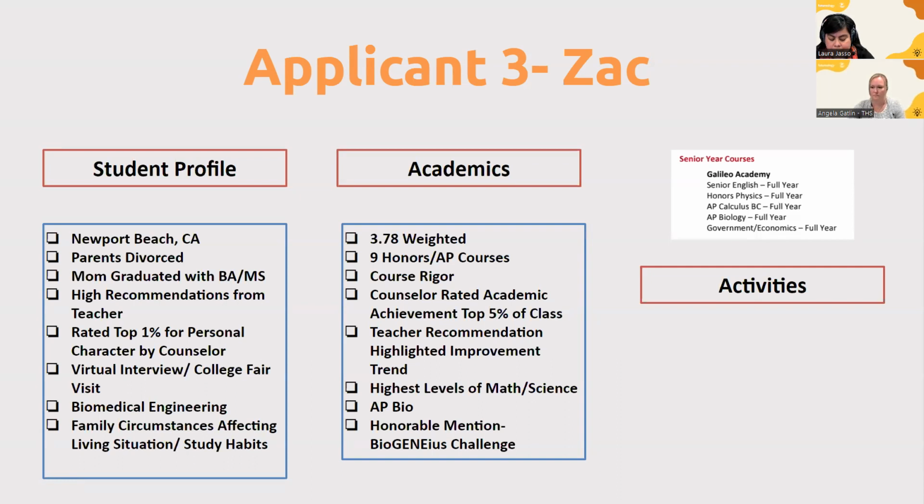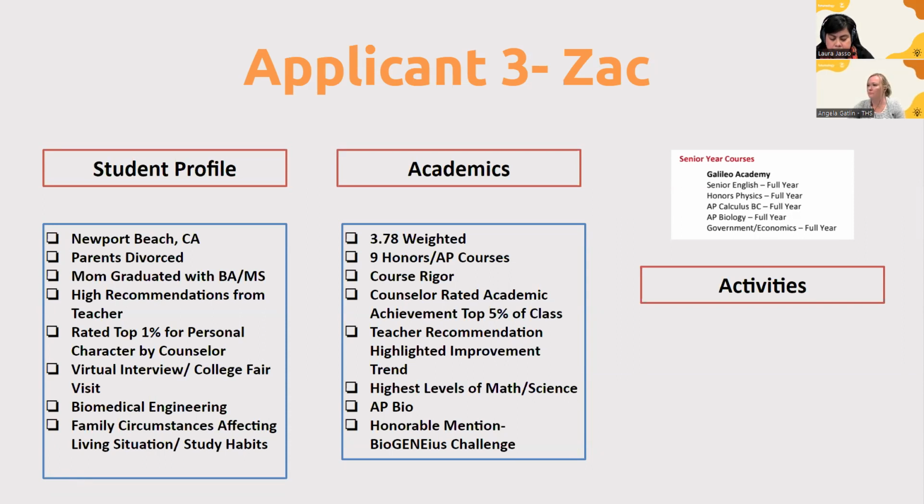His teacher in his recommendation also highlights this improving trend that he saw, because his teacher had Zach over the course of different years and classes. Zach has also taken the highest levels of math and science offered in his school, which is very important.